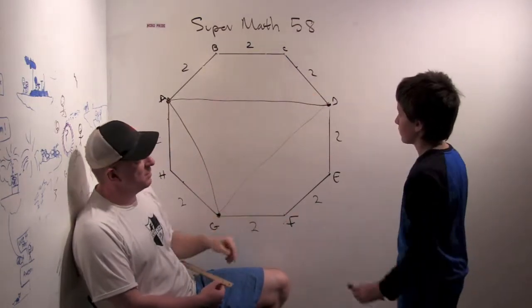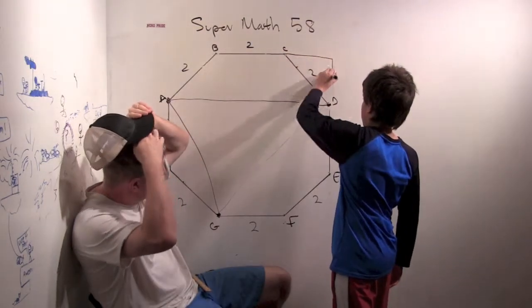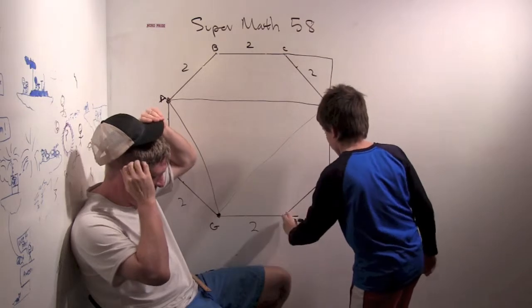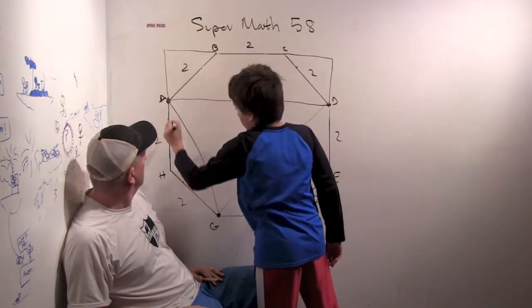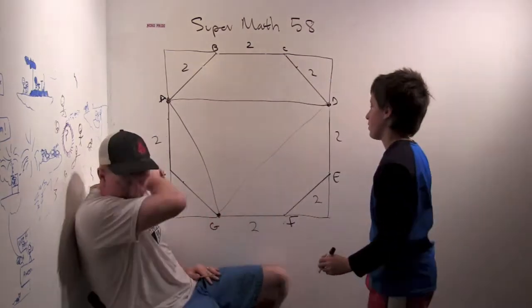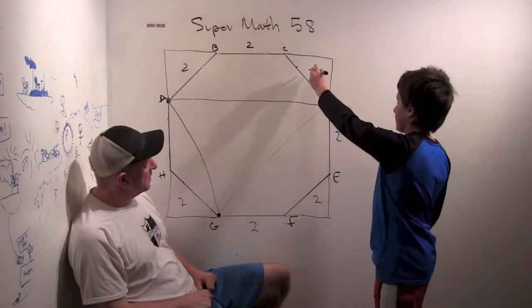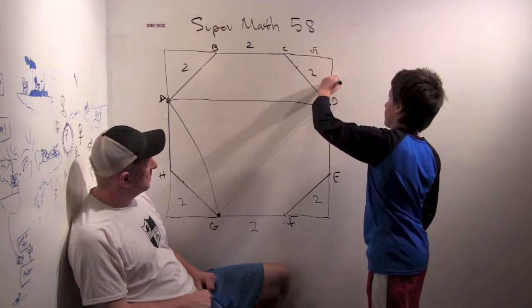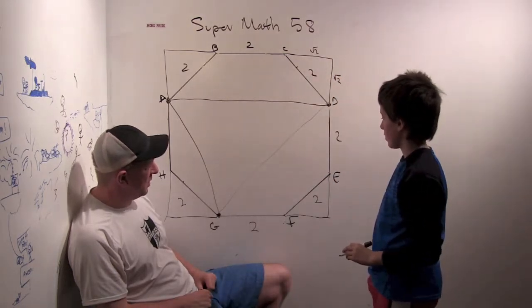But how do you approach a problem like this? So we turn this into a square. And this is a root 2. Alright, well how do you think to turn an octagon into a square?